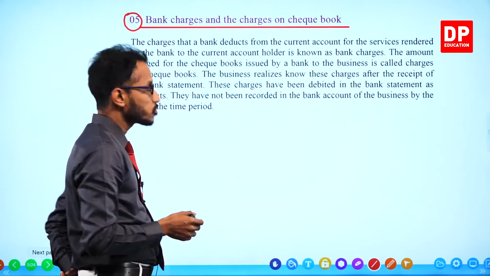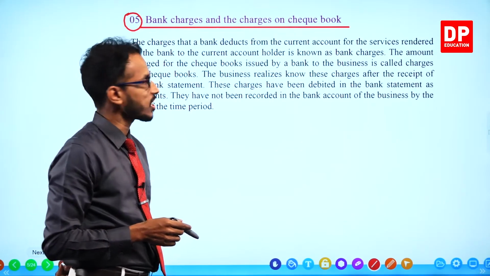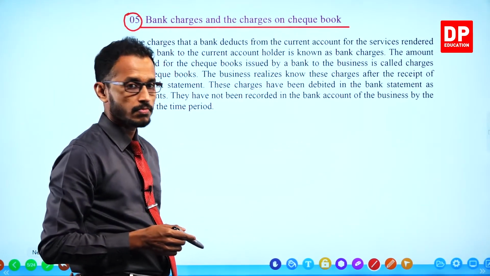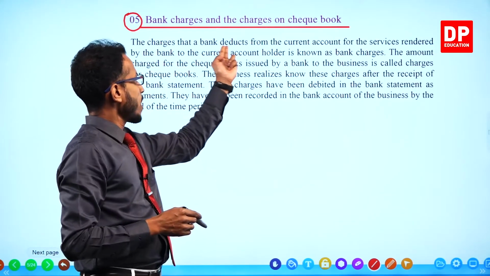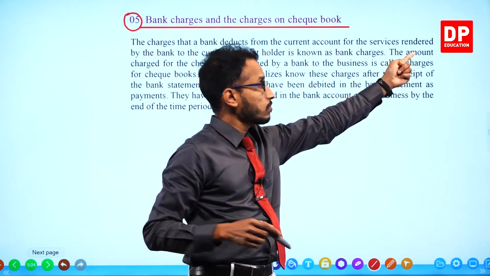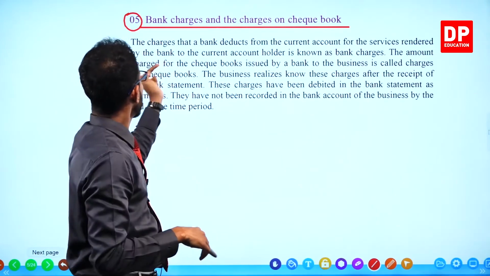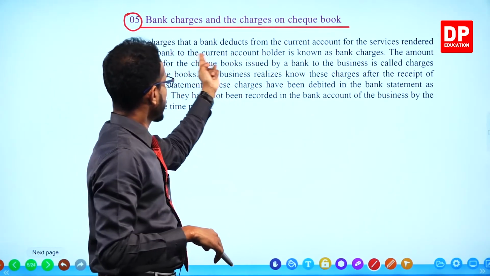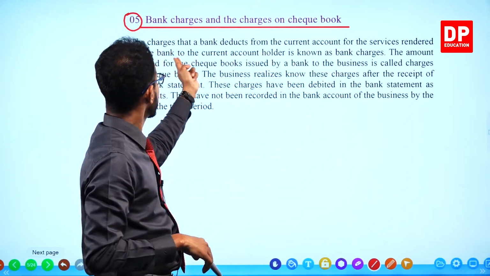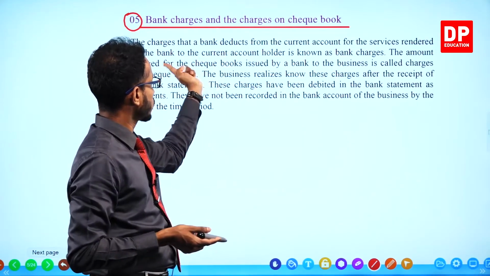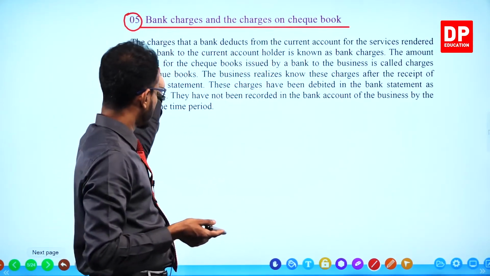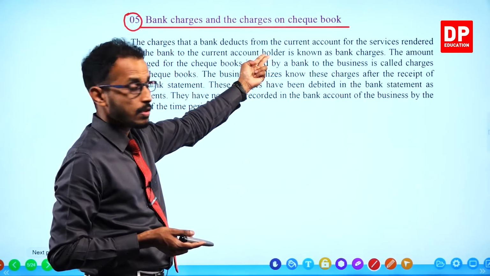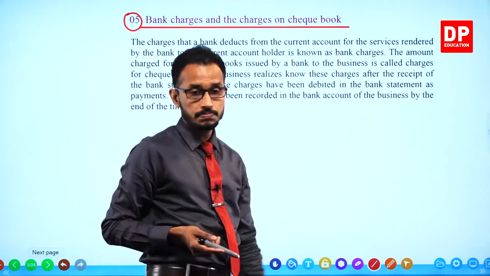Bank charges, checkbook charges. Charges that a bank deducts from the current account balance for various services are known as bank charges.